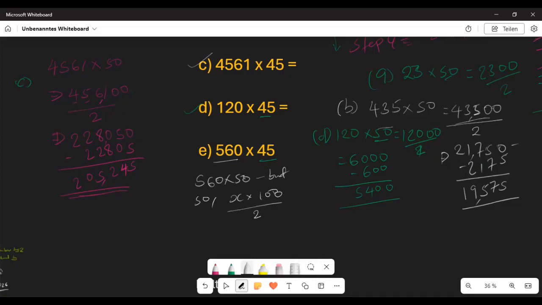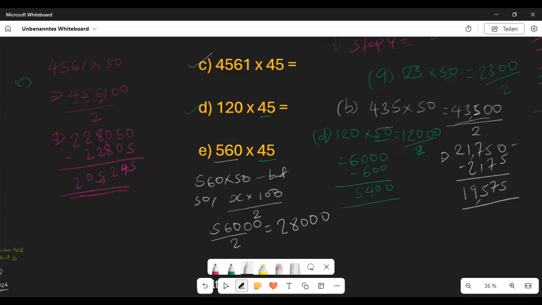So that's going to be the principle that we're going to use here. So that's going to be 560. Add 2 zeros because times 100, and divide by 2. So that's going to give you 56,000. If you divide by 2, it's going to give you 28,000.